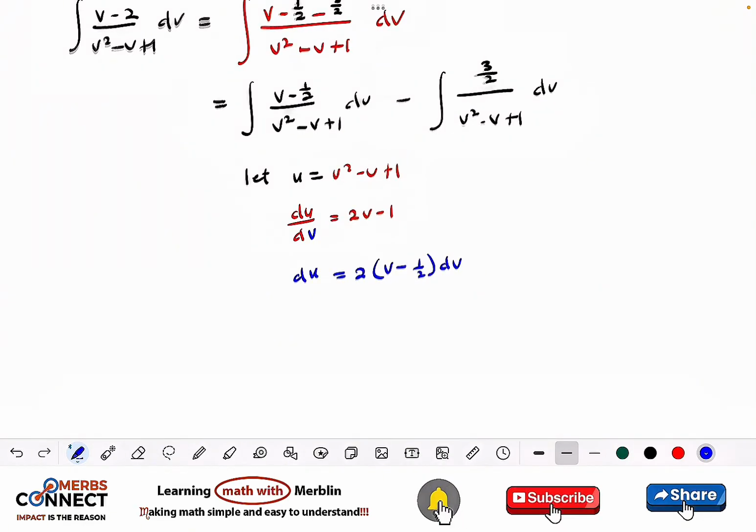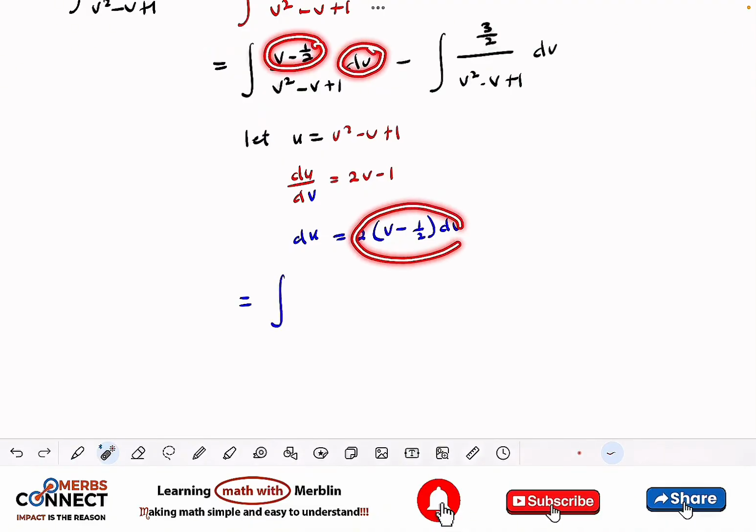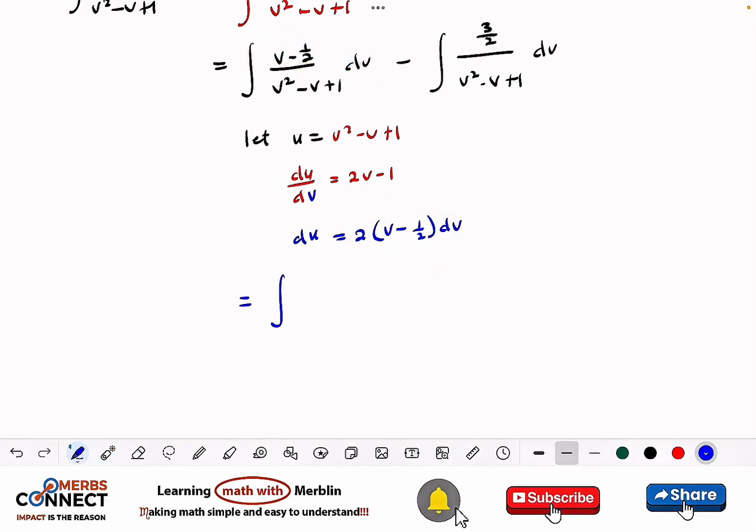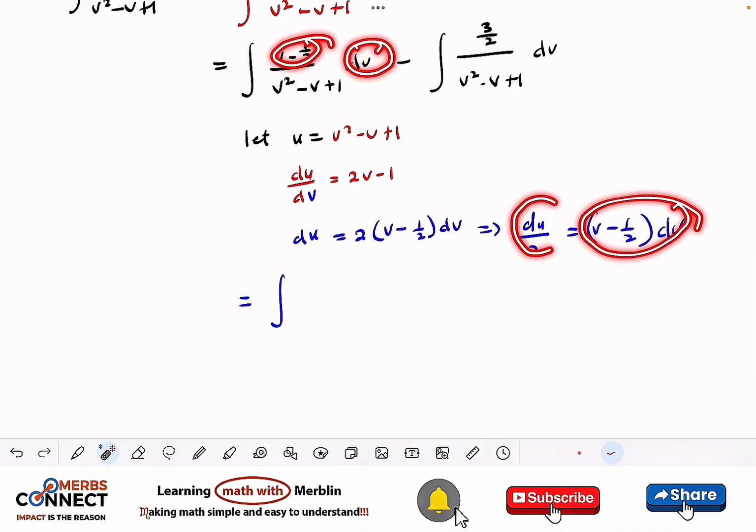So now the integration is going to be the integral of v minus half, and the dv is this. So this will imply that du over 2 is equal to v minus half times dv. So together with this one, it is equal to du over 2.